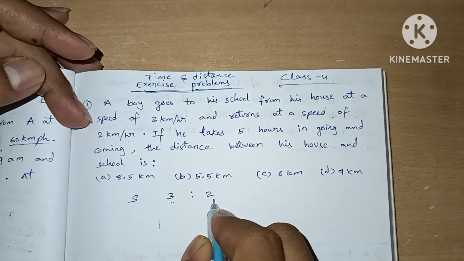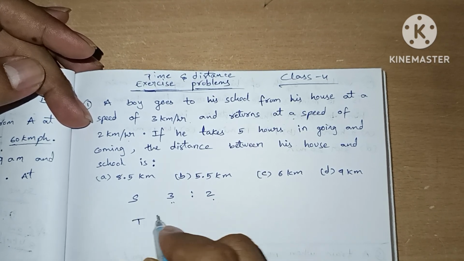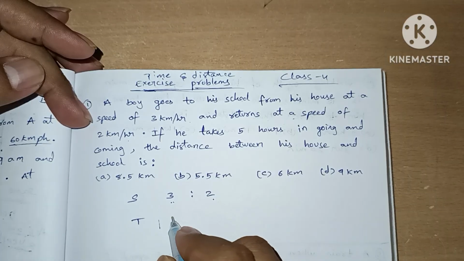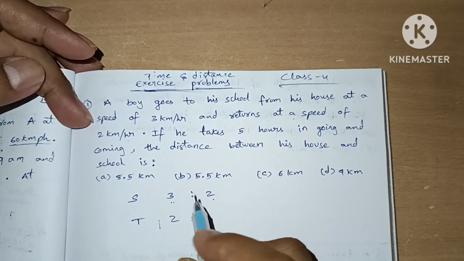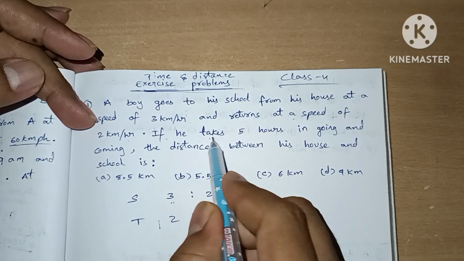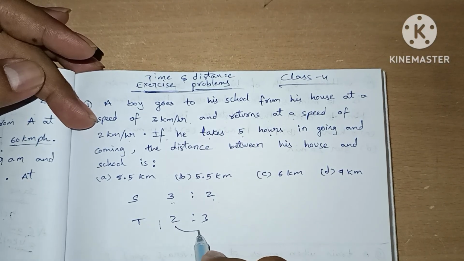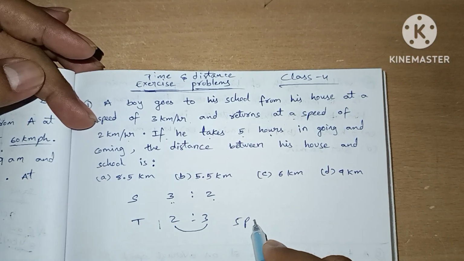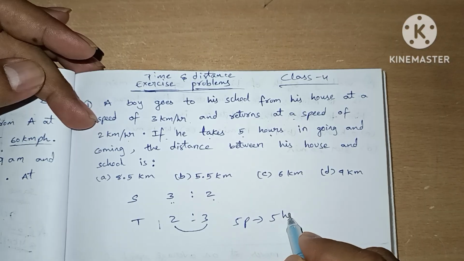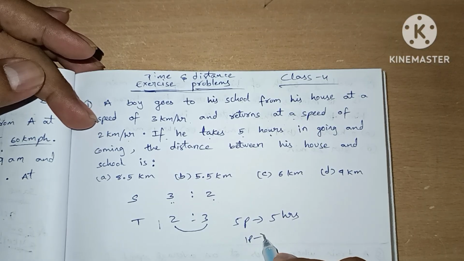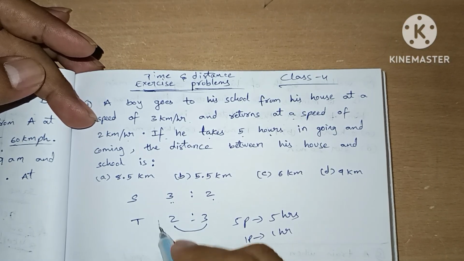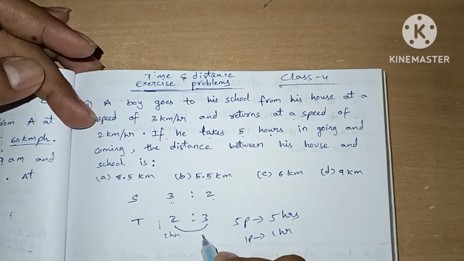If we have 3:2 speeds, then the time ratio is inversely proportional to the speeds, so 2:3. It is given that he takes 5 hours in going and coming, so the total 5 parts take 5 hours. Then one part takes 1 hour only, so it takes 2 hours and 3 hours.